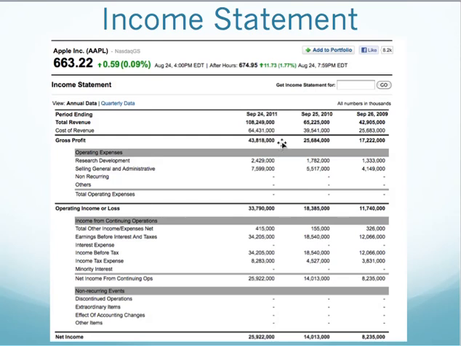Therefore, after all the manufacturing costs, they're left with $43.81 billion.